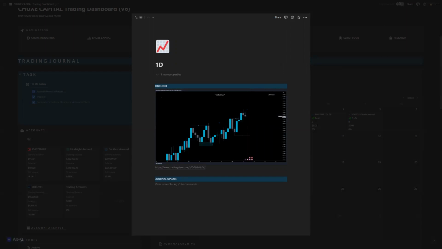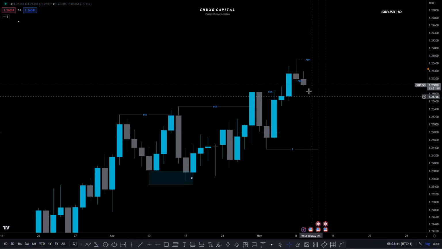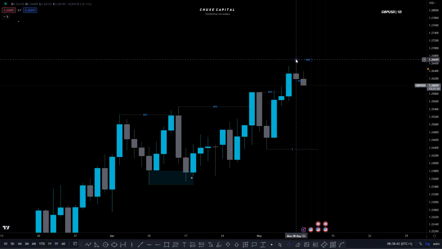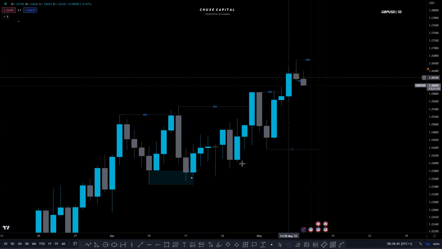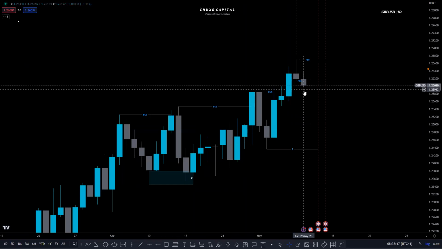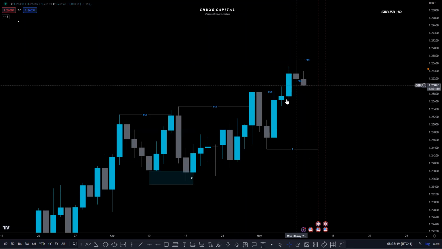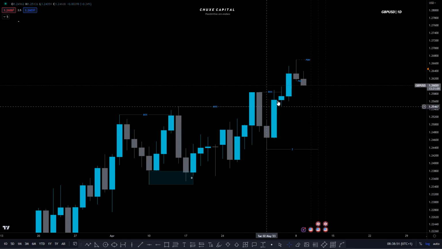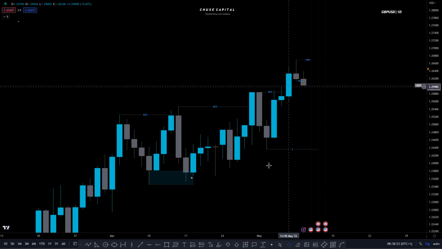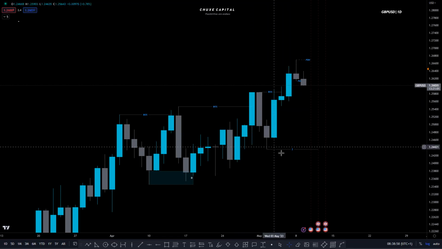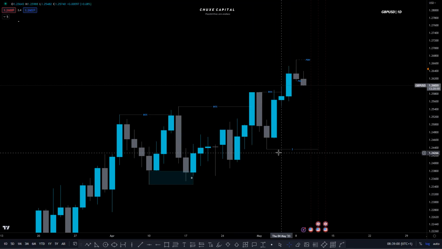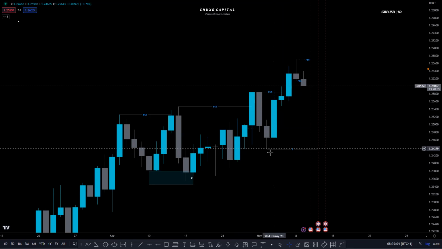So price could still come down more on the daily because we're in this bullish trend. Maybe it will target this liquidity. So yeah, it may come to take this liquidity.